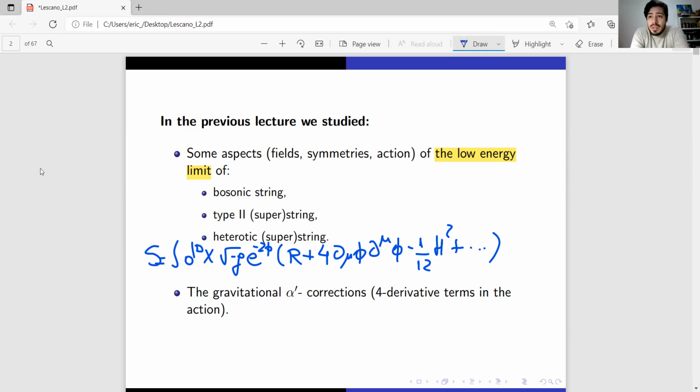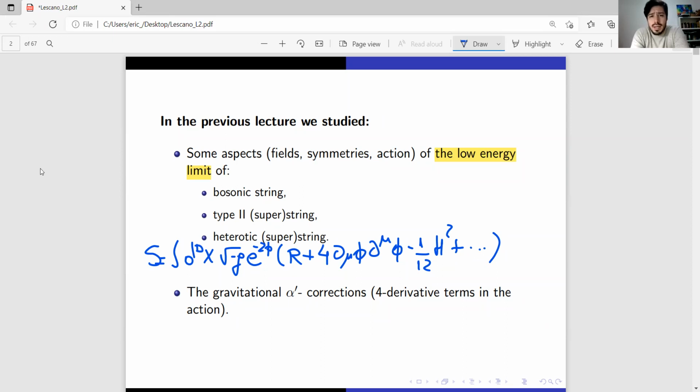Type 2 superstring has its first non-trivial corrections at the cubic level, so we are not going to study type 2 in these lectures. And finally, in the heterotic case, we have a Riemann square term, but also Chern-Simons terms, H times Chern-Simons terms, in this heterotic formulation.